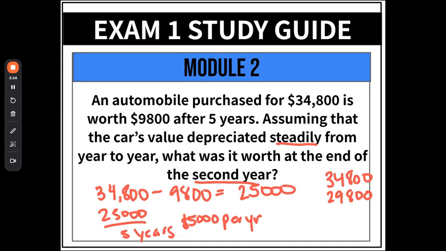We can subtract another 5,000, gives us at the end of year 2, which is going to be $24,800. This is going to be how much it was worth at the end of year 2. Awesome, awesome.